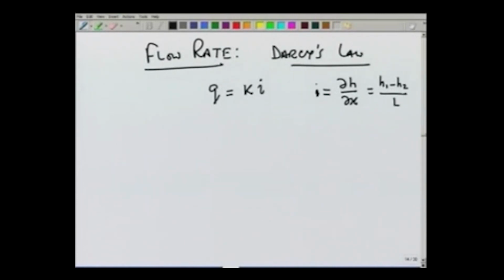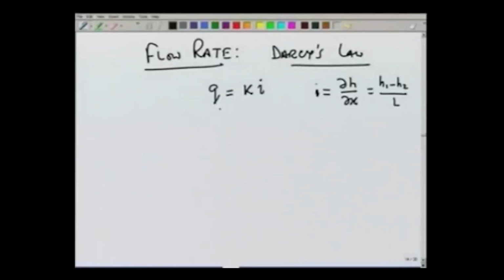Since the piezometric head is linear, I is constant throughout the length and is given by delta H, which is h1 minus h2 divided by L, and this will give us the apparent velocity or Darcy velocity. Using that, we can find out Q, which is velocity into area.